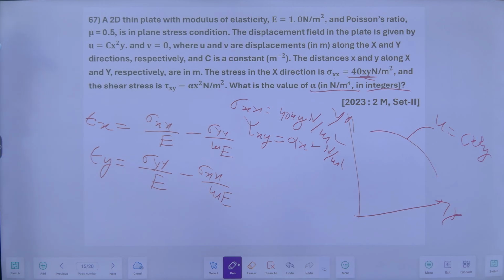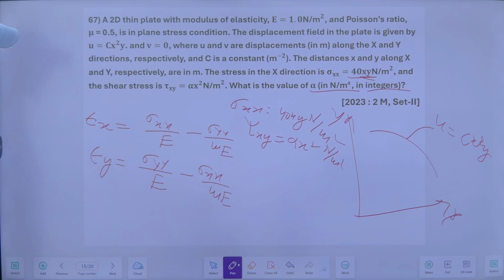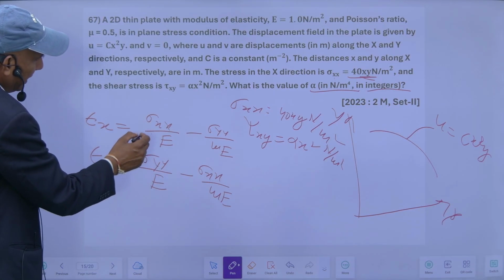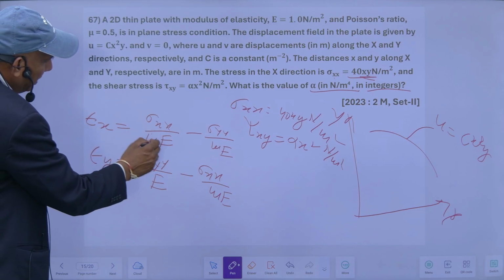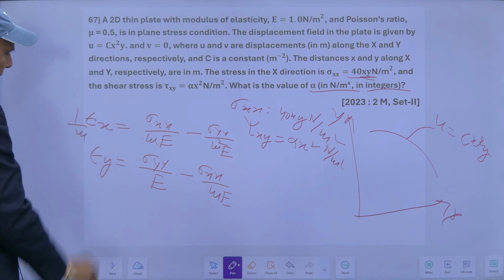If I want to know the stress sigma x, then I have to multiply by mu.